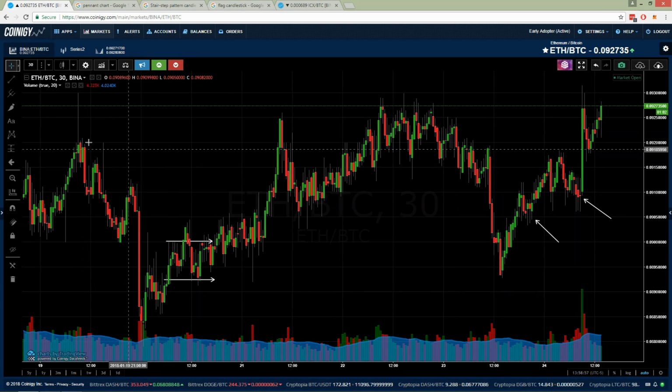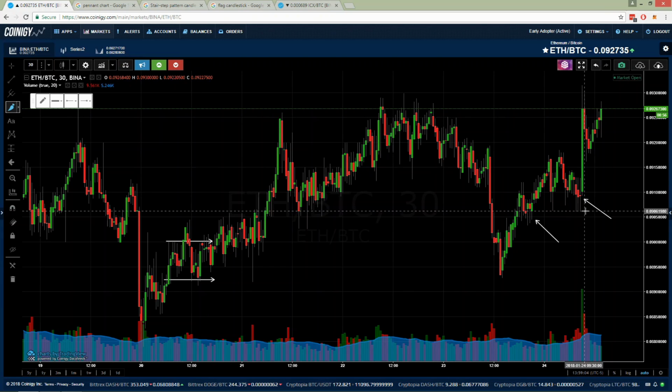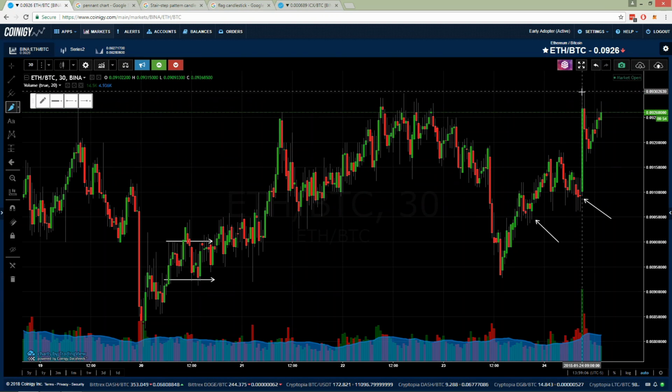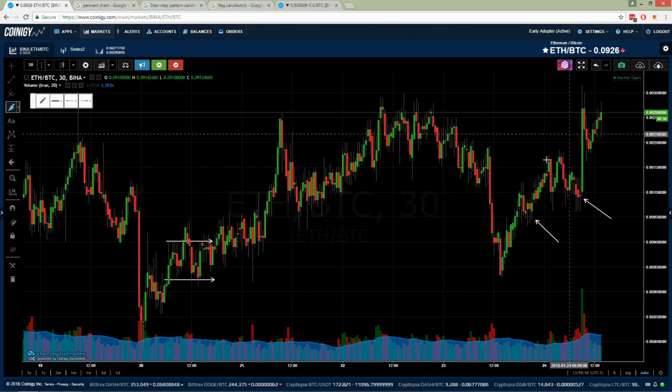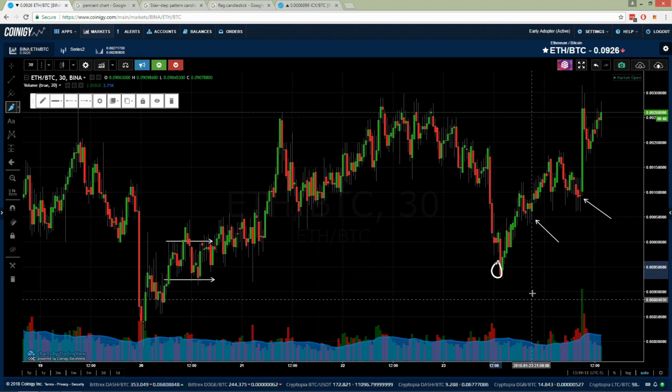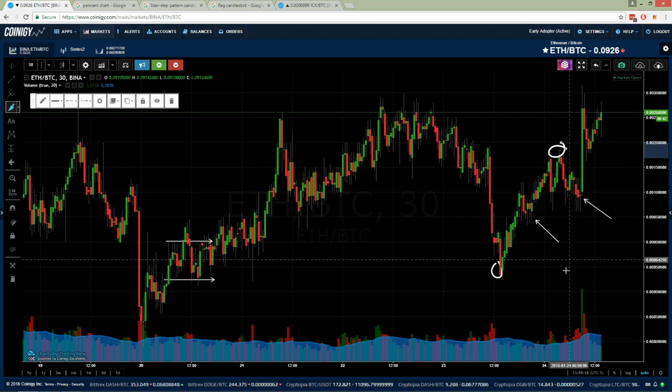The other thing I wanted to mention before we end this is when you see a big spike like this, a big run, the first pullback is going to be your time to buy. So if you bought in here and you identified this correctly and you sold, let's say you sold up here because you figured that's all it's got.